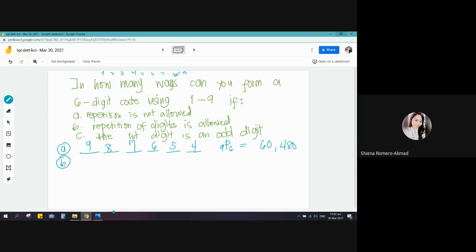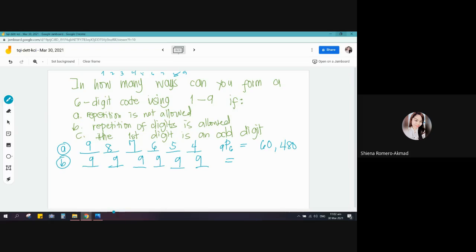Sa letter B naman, this is a different story. Kasi dito, pwedeng maulit yung mga digits. So we'll have 6-digit code ulit. While repetition is allowed, we have here 9, 9, 9, 9, 9, 9.